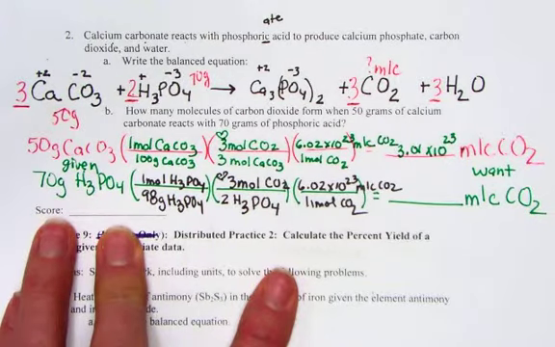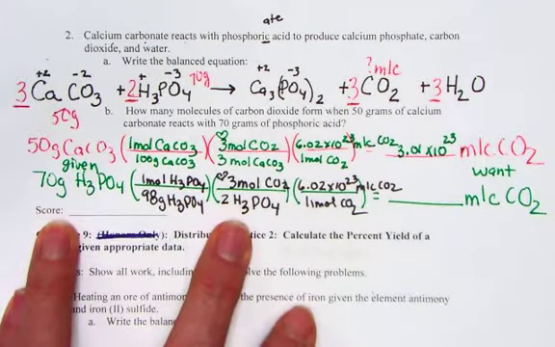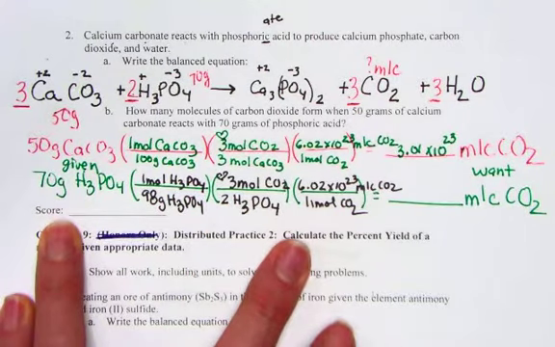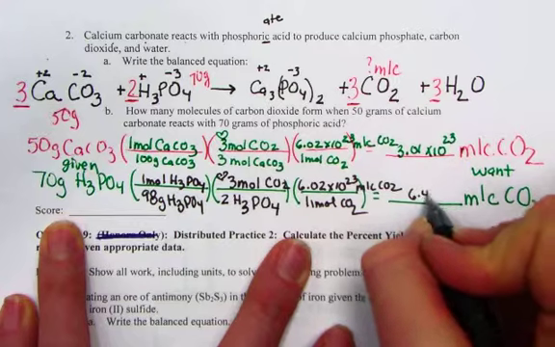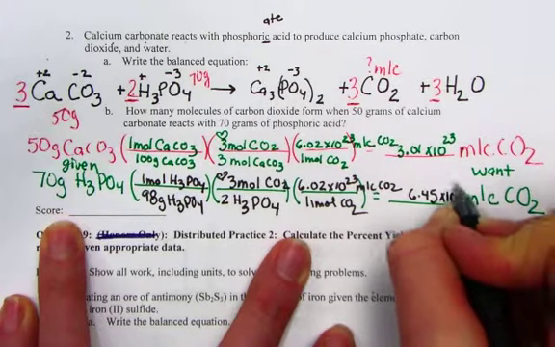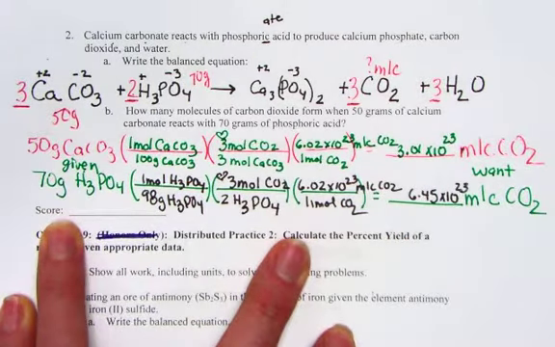Hitting for this, we would hit 70 divided by 98 times 3 over 2 times 6.02 E23. And when I hit, I find 6.45 times 10 to the 23rd power.